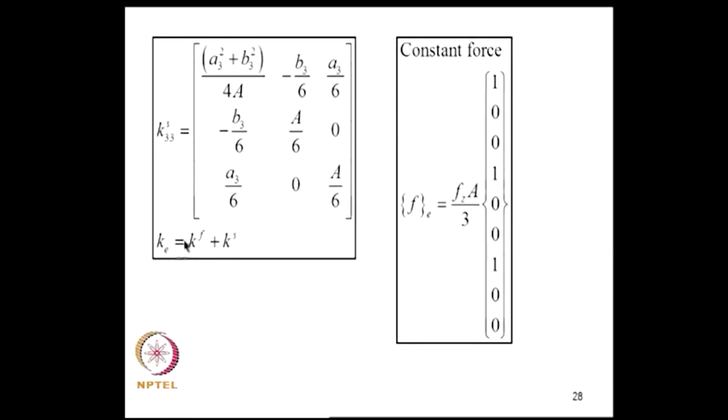Now, Ke after evaluating this contribution is taken as sum of flexure contribution and shear contribution. Then, suppose the element is carrying constant force, the equivalent nodal forces can be evaluated as shown here using principle of virtual work.